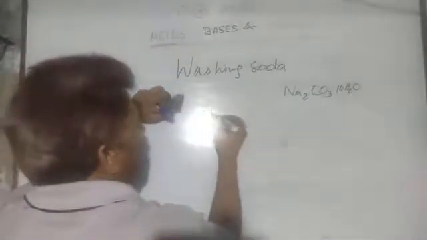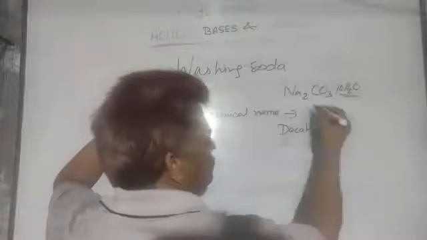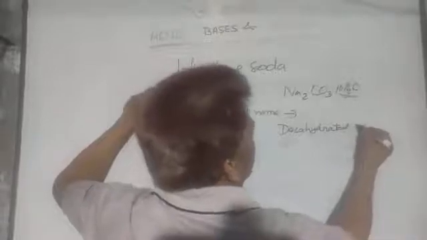It is the commercial name, but the chemical name, that is with 10 water molecules associated, you can write here decahydrated sodium carbonate. In the previous video I have already discussed the hydrated salt.